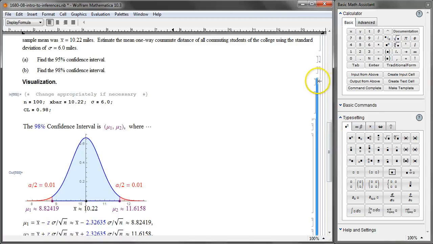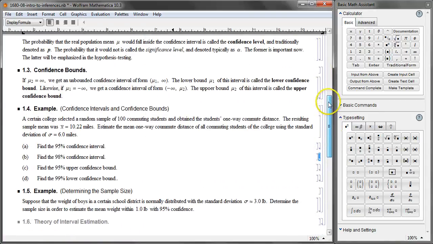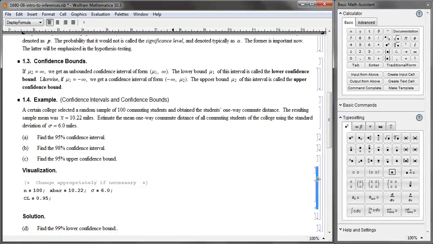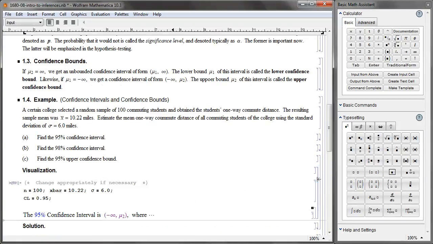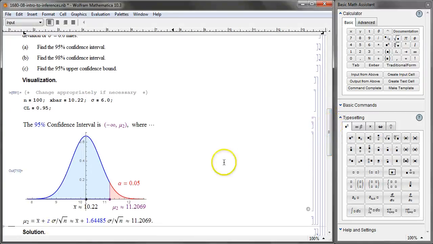Now, what if we have just a one-sided interval and are looking for a confidence bound, upper confidence bound or lower confidence bound? In any case, it's going to be a good idea to draw the picture. This kind of thing is about an upper confidence bound.